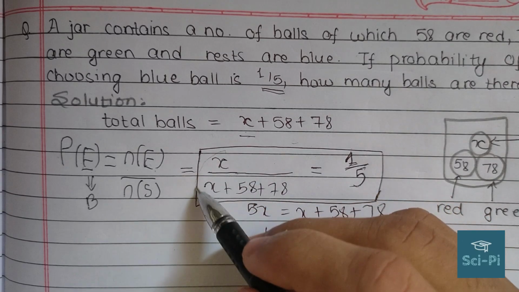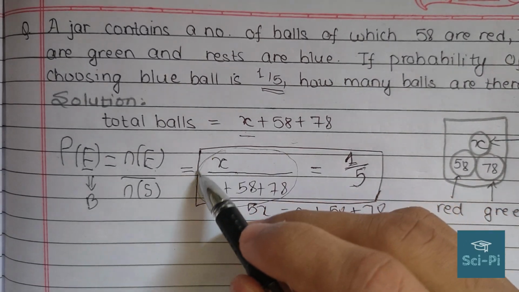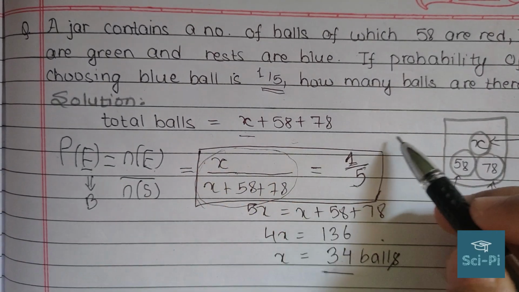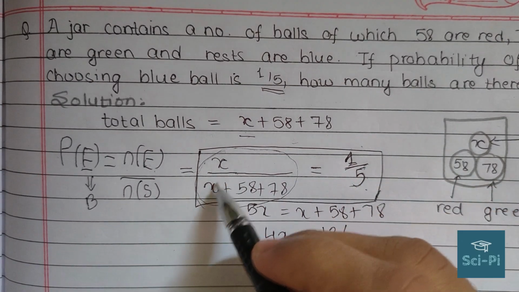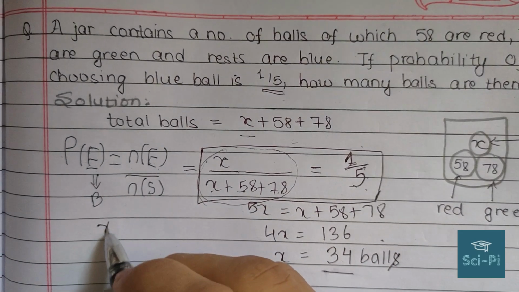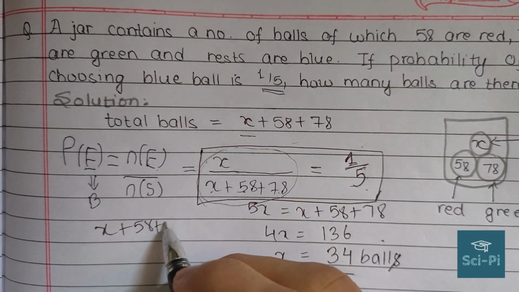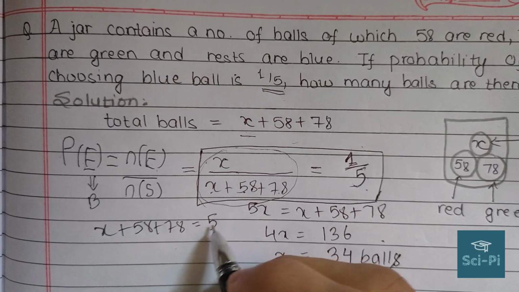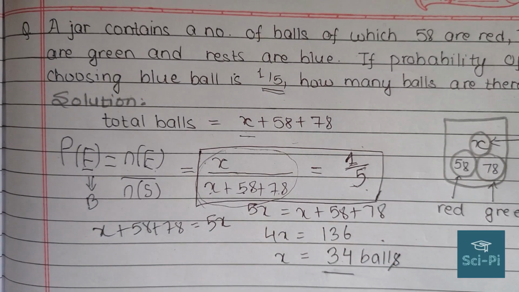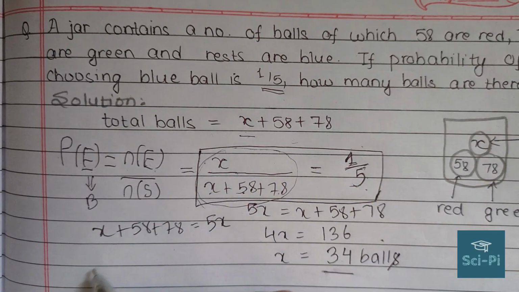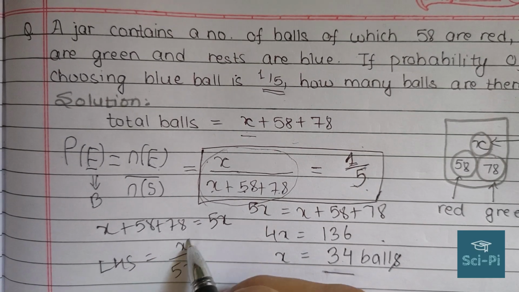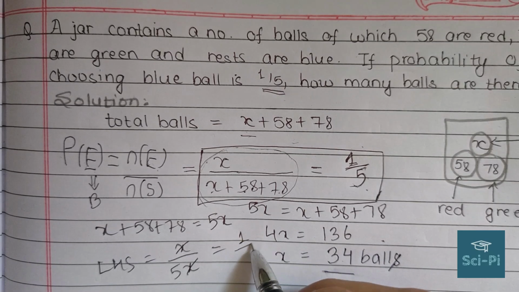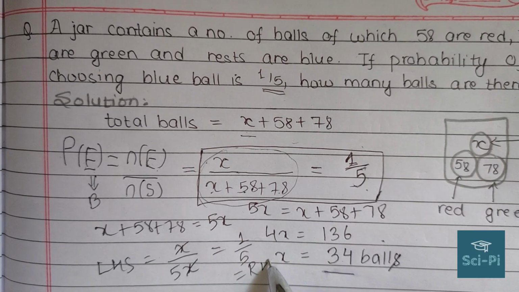So when we reduce this particular LHS, we should be getting 1 over 5. And that is only possible when x plus 58 plus 78 is equal to 5x. If this is the case, then this LHS would be x over 5x. So x and x get cancelled out and we would be getting the RHS, which is 1 over 5.